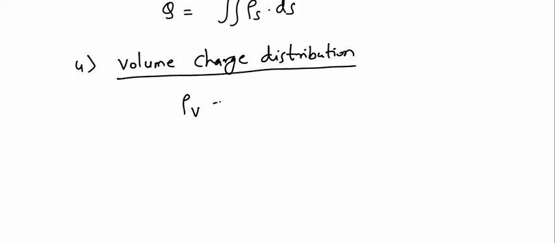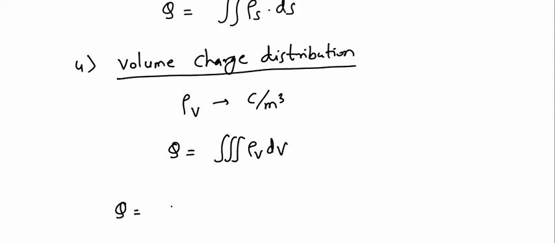Rho v is in coulomb per meter cube. That means one unit volume contains how much charge. In order to get the total charge, we will find rho v dv. And the electric field formula can be modified in the same fashion.